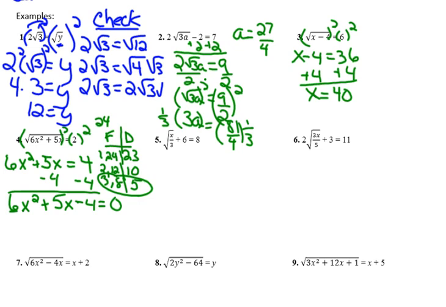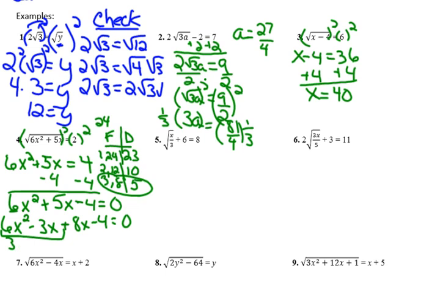When my leading coefficient is not a 1, this is where we do our substituting, and we're going to factor by grouping. So I'm going to put 6x squared minus 3x plus 8x minus 4 equals 0. Okay, so group these. Some of these problems get long. It's pulling a lot of information together.